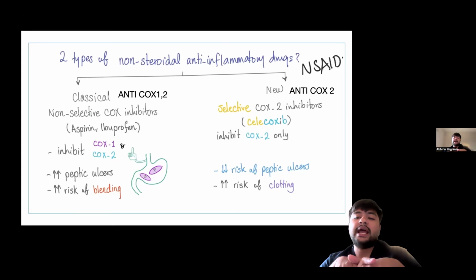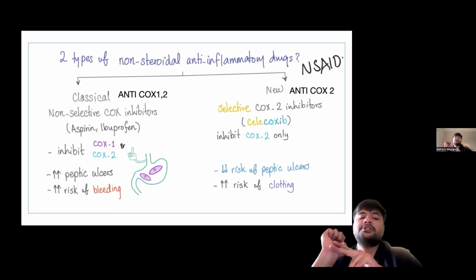The newer can also be known as anti-COX-2, and the first one as anti-COX-1 and 2. The classical ones increase peptic ulcers and bleeding, so they should be avoided in patients with a history of increased gastric acid production, peptic ulcers, and bleeding disorders.